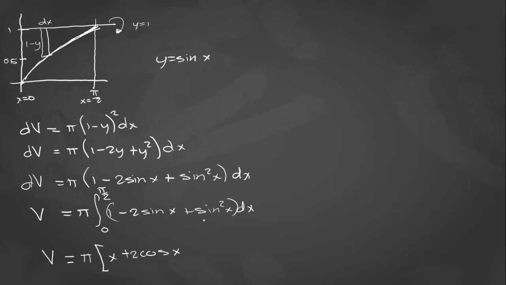Now, to evaluate this, we must transform the sine squared term into an equivalent value. From the trigonometric identity, sine squared x is equal to (1 minus cosine 2x) over 2, dx, evaluated from 0 to pi halves.